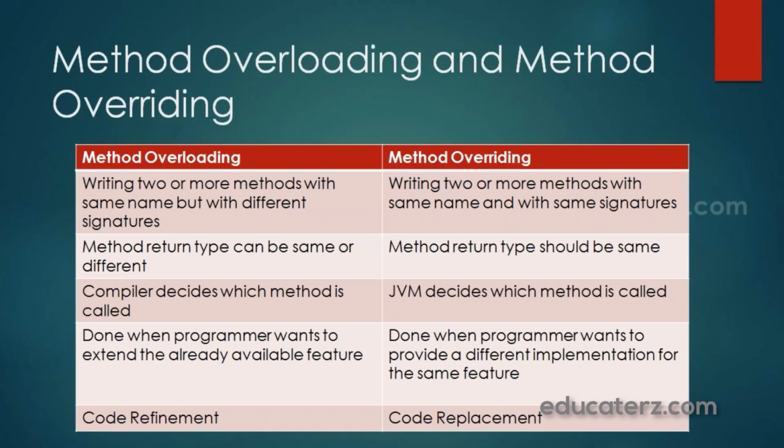It's a completely different implementation. Method overloading is code refinement: the same method is refined to perform a different task. Whereas method overriding is code replacement, that is, the subclass method overrides or replaces the superclass method.